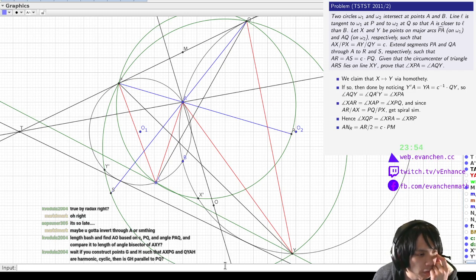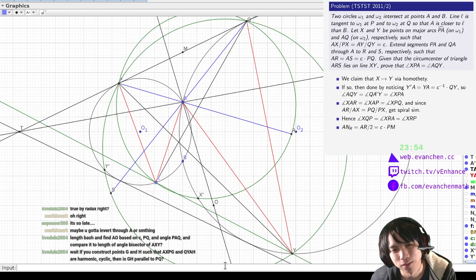I construct points G and H such that X, P, G... you want to construct harmonic conjugates? Then is GH parallel to PQ? What the heck? Where did that come from?